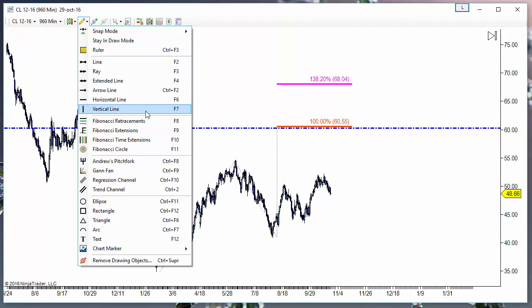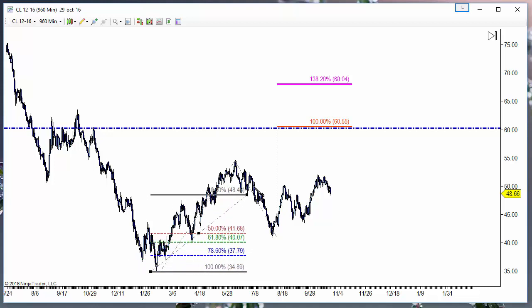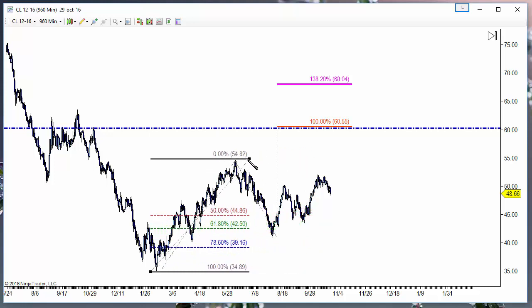And the other tool is the retracement. When we are starting a move, we expect a retracement to the initial place, so we use this tool.